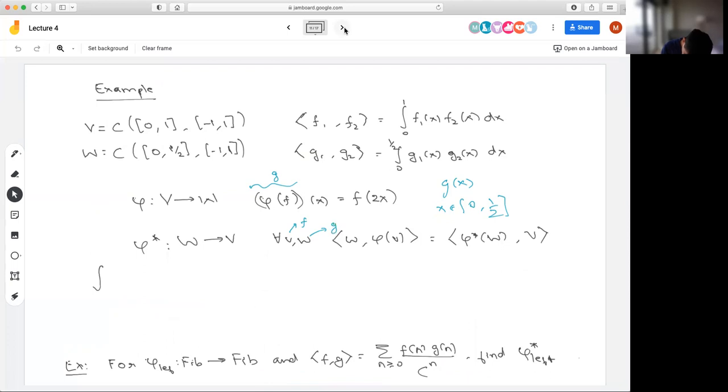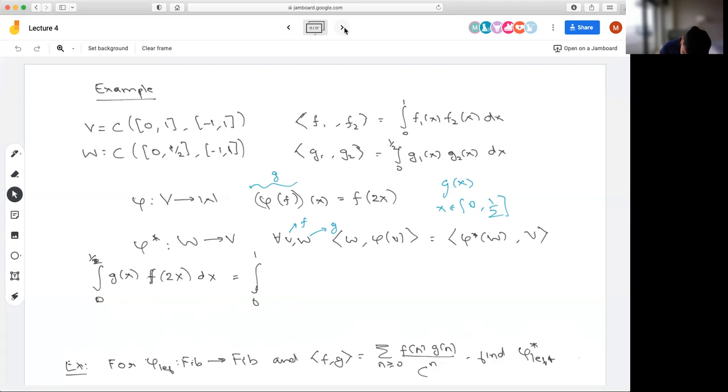And what we are saying is that in the space of g, the inner product of g with the linear transformation of f should be equal to the inner product in the space of f.